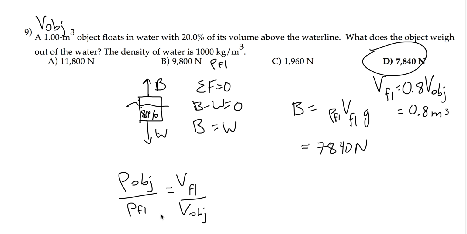But this equation would have been harder to use because it only gives you information about the densities or the volumes. It doesn't give you information about the weight of the object. So, although you could have used this, remember where this comes from. This comes from knowing that the buoyant force equals the weight. And if you're asked for the weight, it's just faster to solve for that buoyant force directly.